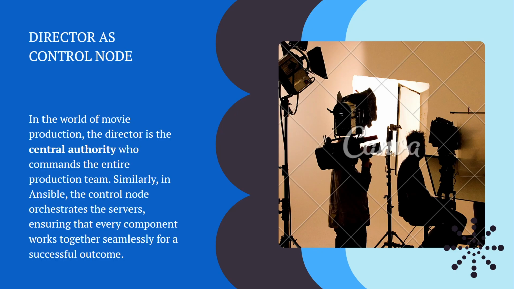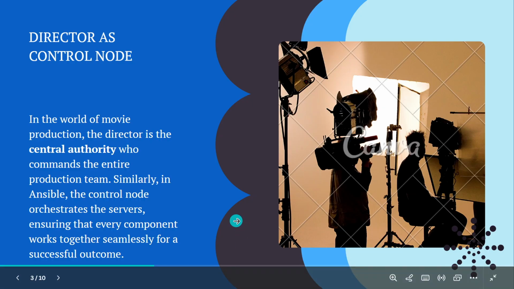The movie director is in charge like Ansible's control node. They don't act or do the makeup, but they guide you in everything. The same way, the director acts as a control node.